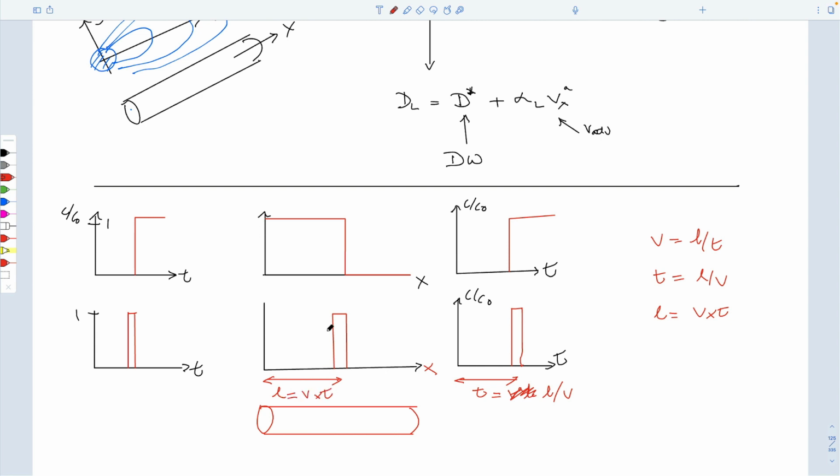And that's kind of fine for our simplistic view. And it would be fine if it was plug flow.